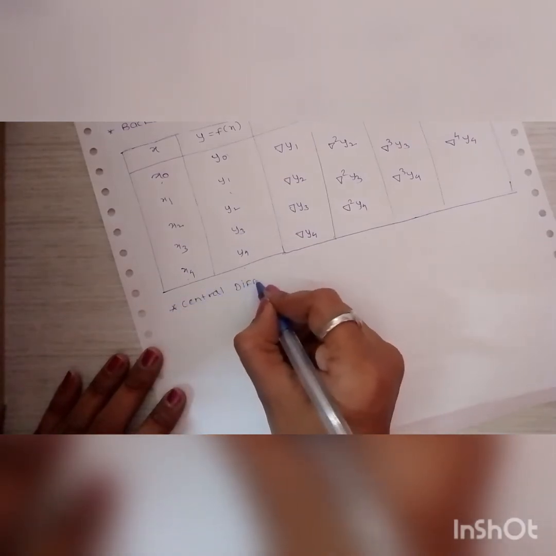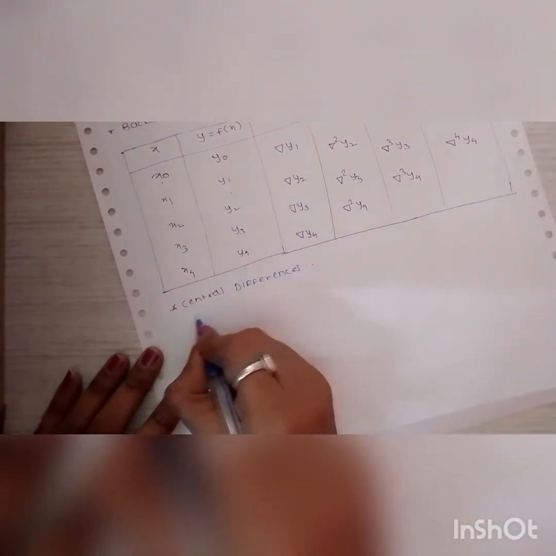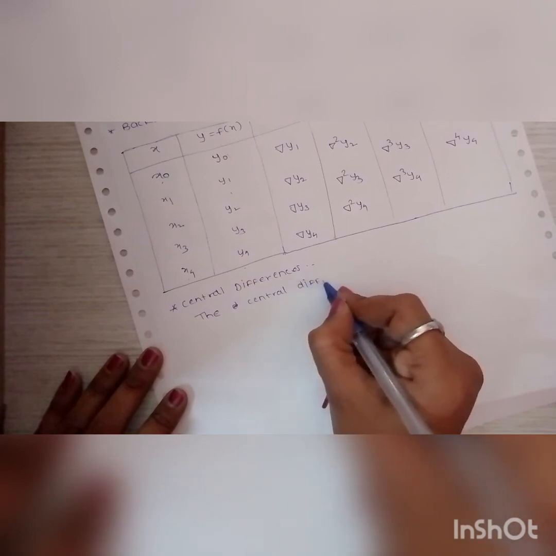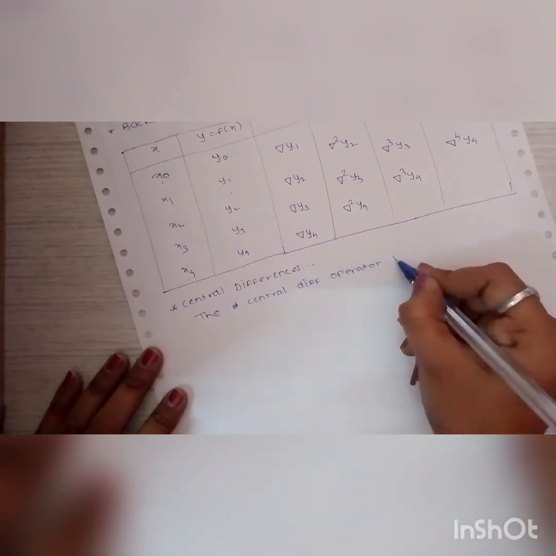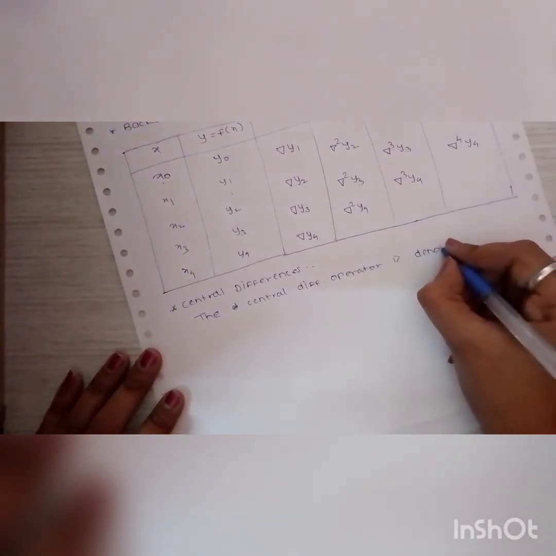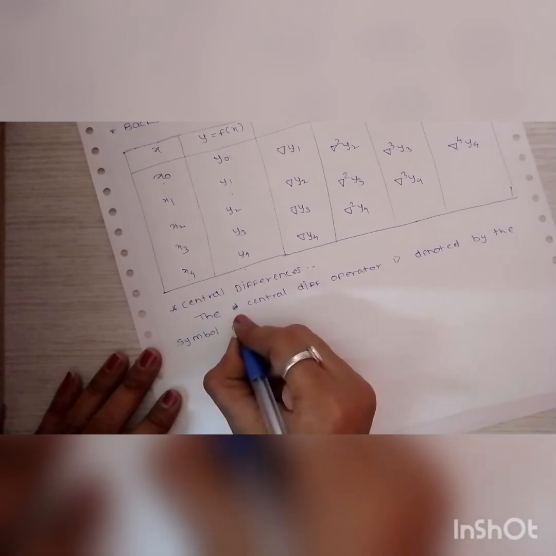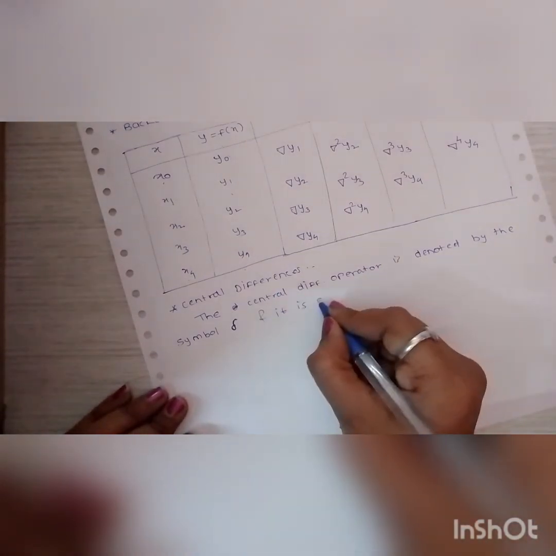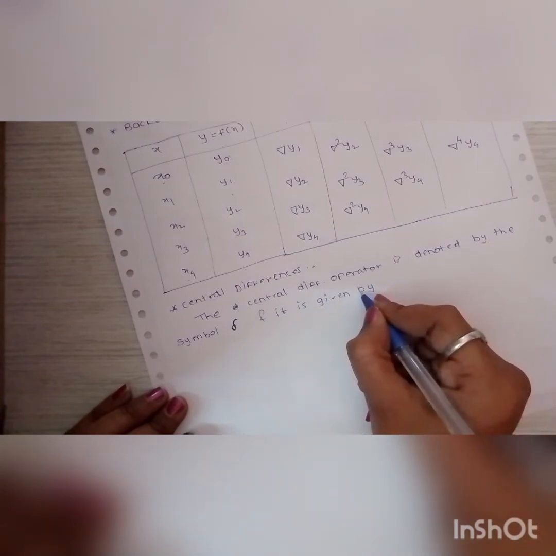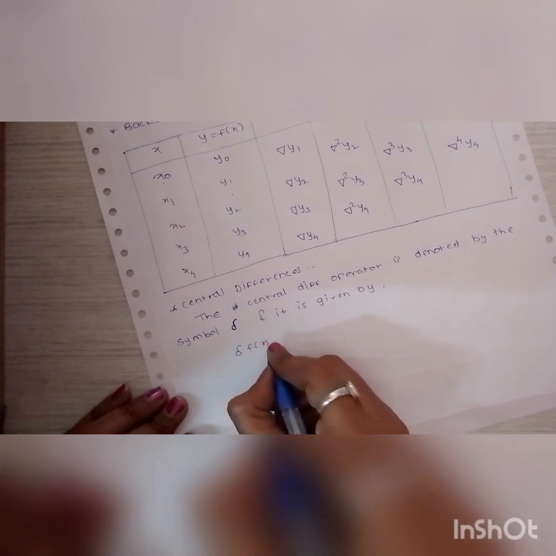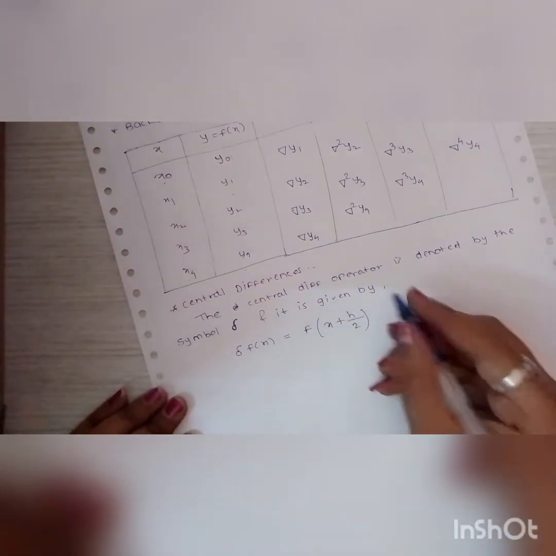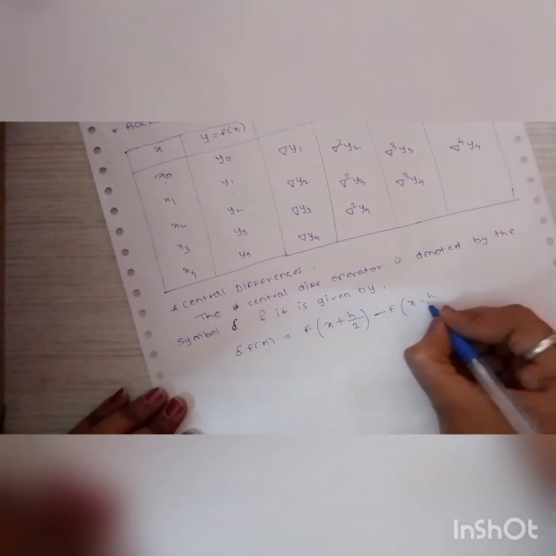Central differences. The central difference operator is denoted by the symbol delta, and it is given by delta f of x is f of x plus h by 2, h is the interval of differencing, minus f of x minus h upon 2.